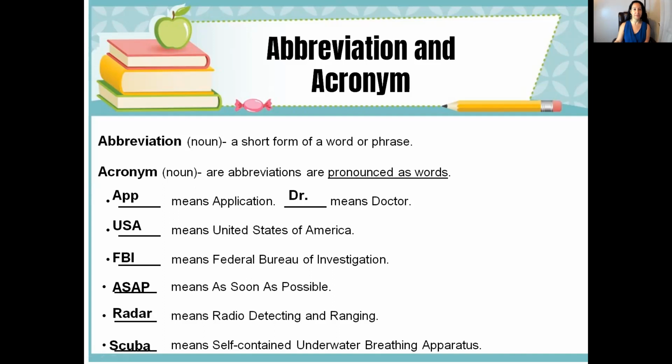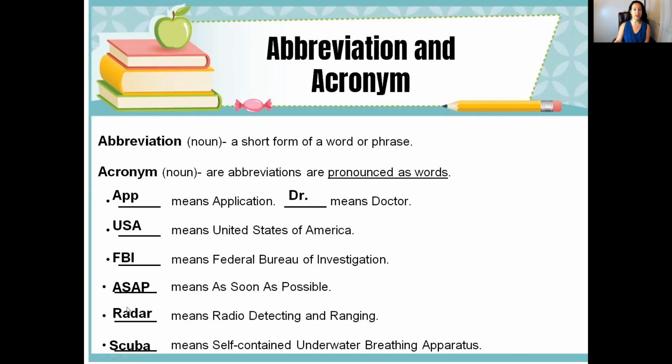Okay, so remember, abbreviation is a short form of a word or phrase. And that would be app, DR for doctor, USA means United States of America, FBI means Federal Bureau of Investigation. These are all abbreviations.